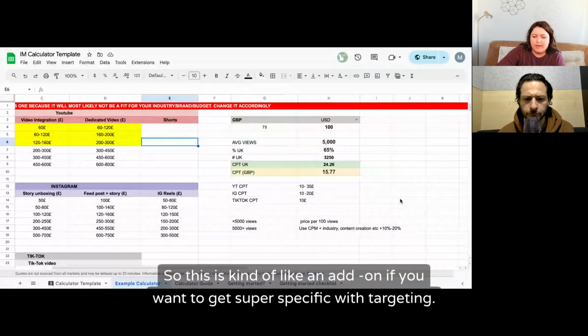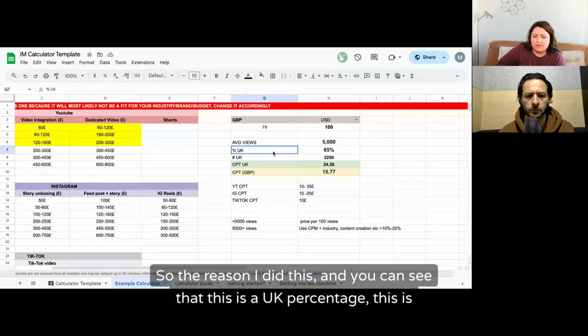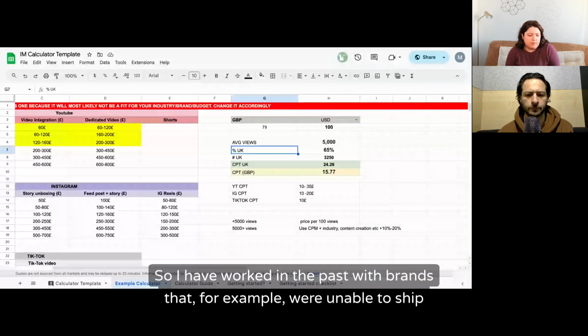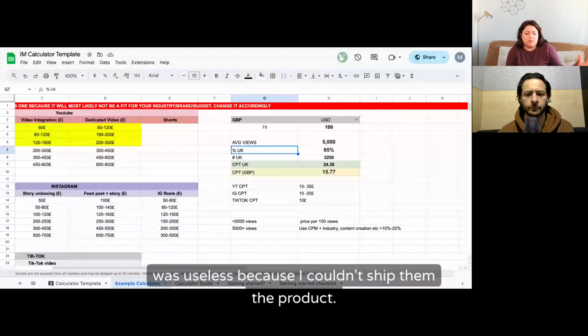So this is kind of an add-on if you want to get super specific with targeting. The reason I did this, and you can see that this is a UK percentage, is that it's based on demographic location. I have worked in the past with brands that, for example, were unable to ship outside of the US or UK, meaning that targeting audiences outside of that region was useless because I couldn't ship them the product.